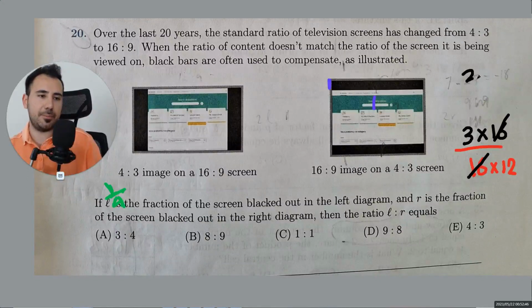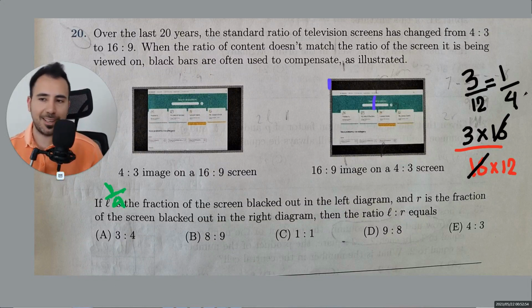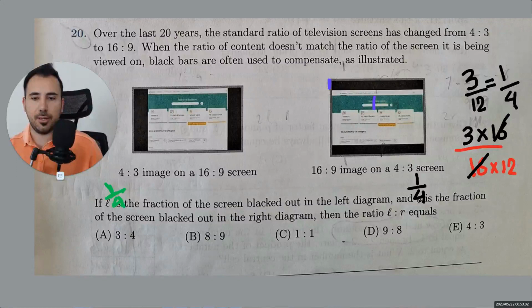It's going to be the same as 3 over 12. So simplify them both. It's going to be 1 over 4. Again, so L is 1/4, R is 1/4. So what is the ratio of this? 1/4 divided by 1/4 is going to be 1 to 1.